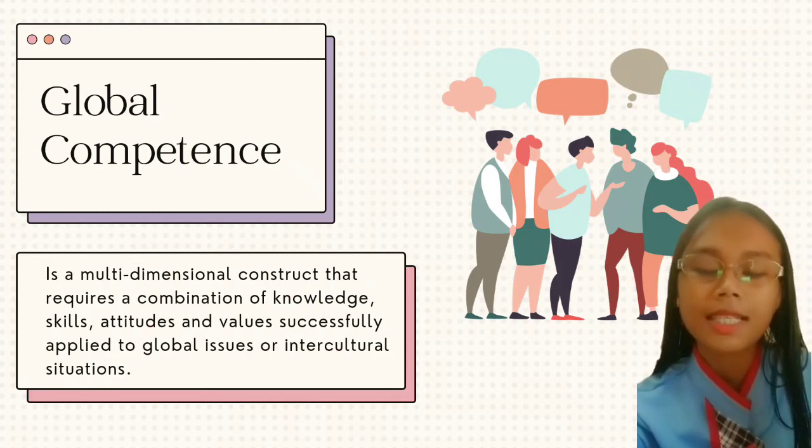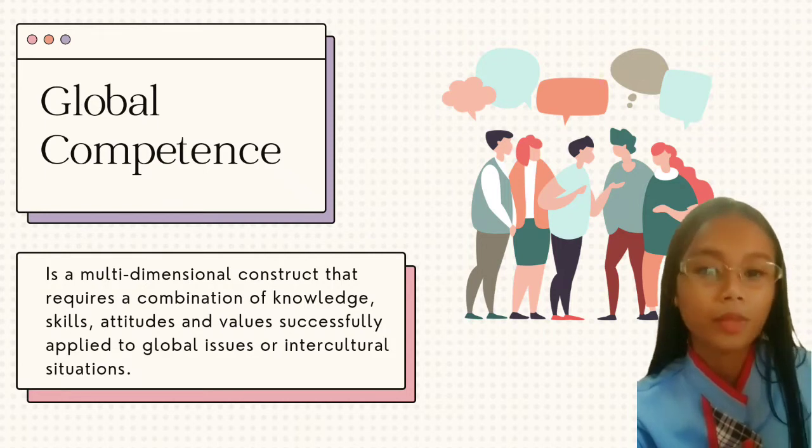Global competence is a multi-dimensional construct that requires a combination of knowledge, skills, attitudes, and values successfully applied to global issues or intercultural situations. So, this involves the four dimensions of the competence framework.